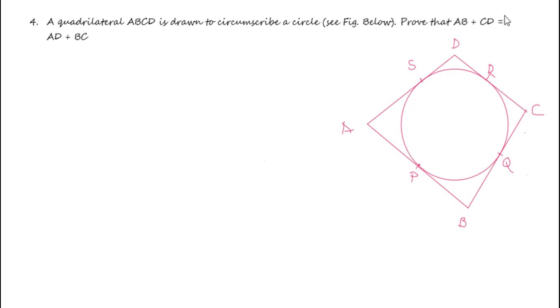Now let us take the left side, AB plus CD. That is equal to, now AB can be taken as AP plus PB, then CD is DR plus RC.